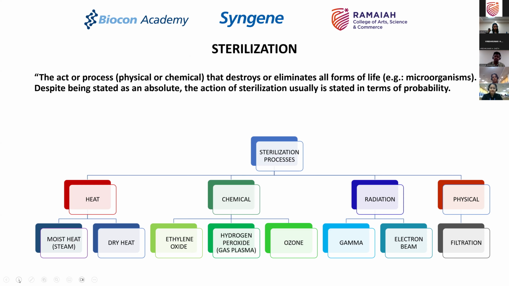There are various forms of processes. We can use heat, we can use chemical, we can use radiation, we can use physical. And during the earlier sessions, we have discussed a lot about the moist heat or the steam and dry heat both. So in this session, I'm not going to talk too much about the heat-based sterilization processes because they are already covered.